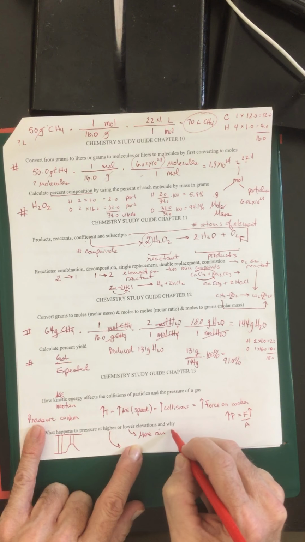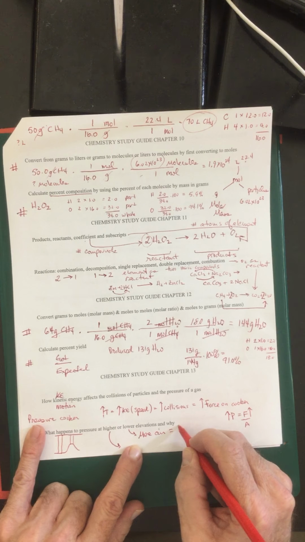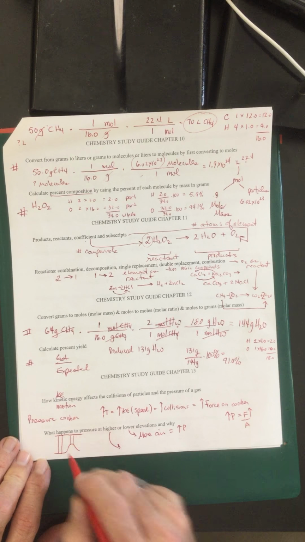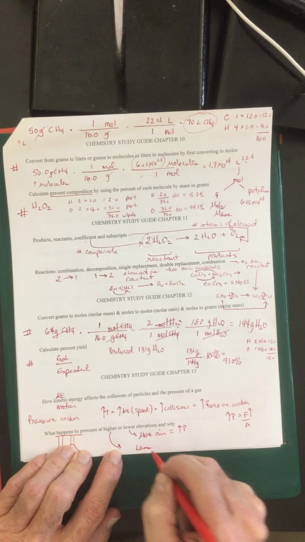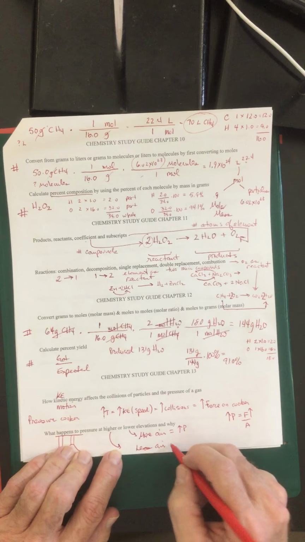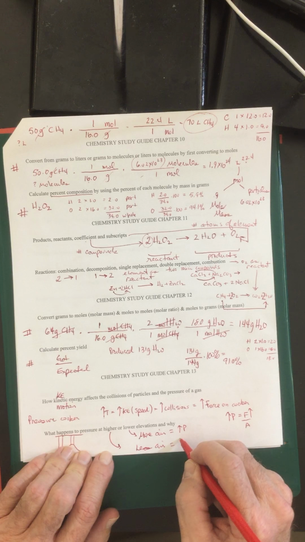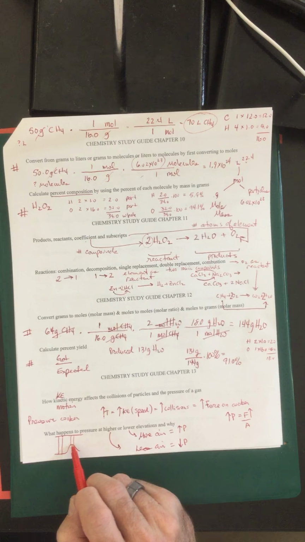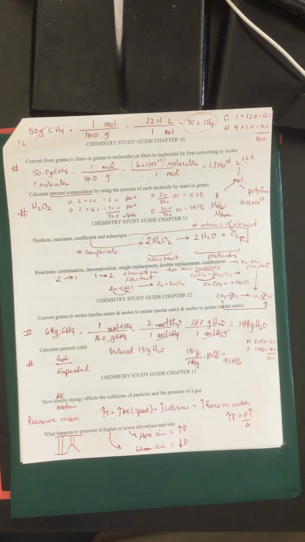So that's going to equal higher pressure. You're going to increase the air pressure. At higher elevations, you have less air pushing down on top of you. So you have less air. That's going to decrease or lower your pressure. So pressures at higher altitudes are lower, which makes it difficult to breathe up there.